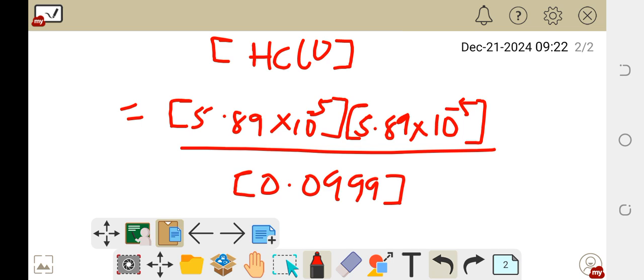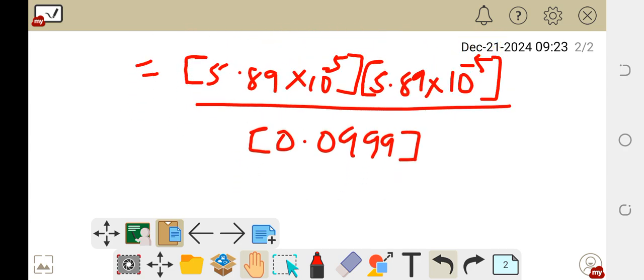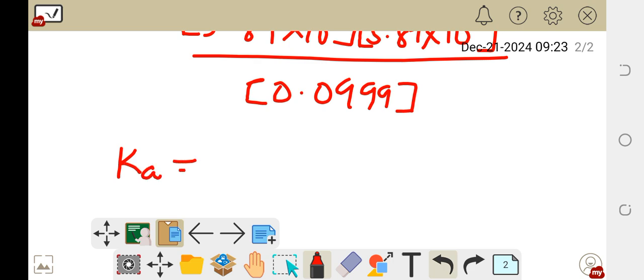So on evaluating this, this gives a value of 3.47 times 10 raised to power minus 8.